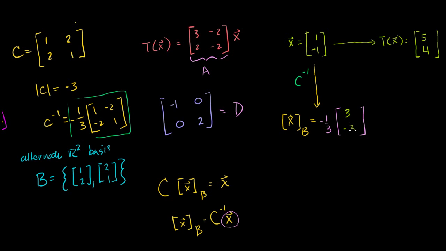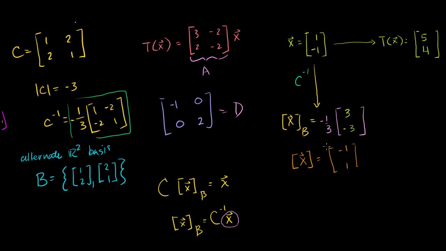It's minus 3. So if we have minus 1/3 times this, the B coordinate representation of our vector x is going to be equal to minus 1 and then 1. Just like that, which is actually interesting for this example. It just kind of swapped the first entry and the second entry.